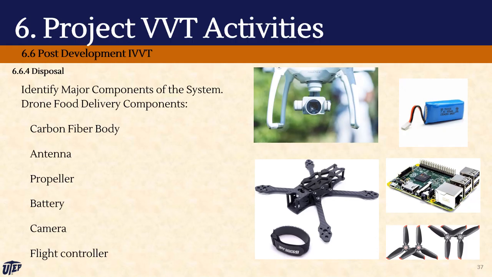For the disposal phase of this project, we have to identify major components of the system. Some of these components are the carbon fiber body of the drone, the antenna of the drone, the propellers that it's going to use, as well as the battery, the camera, and the flight controllers.